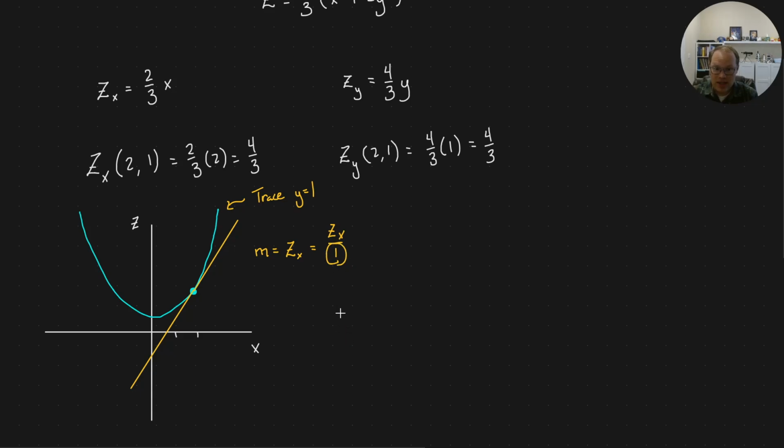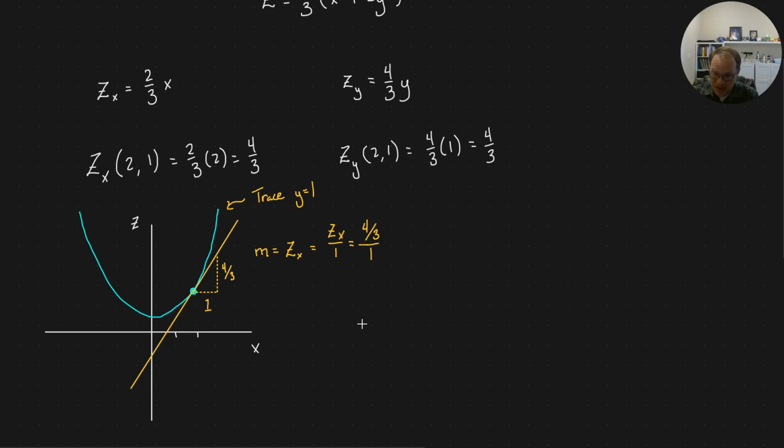So for every 1 unit of change of x, this is how much my z changes along that line. In this case, that partial derivative is 4/3. So for every 1 unit of change in the x direction, I'm changing 4/3 units in the z direction.